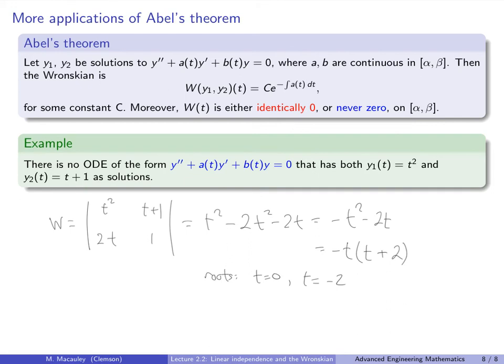So let's take an interval that contains either 0 or negative 2, and what do we get? We get something that's impossible. The Wronskian is either identically 0 or never 0. Here, this Wronskian is 0 at 2 points. That's impossible. Therefore, there cannot be an ODE of this form that has both of these things as solutions.